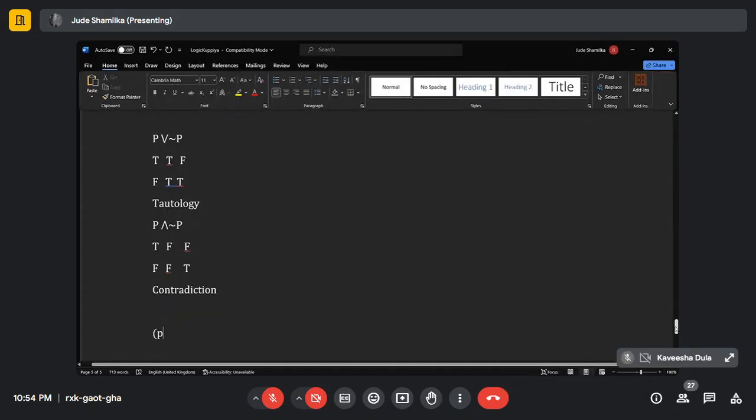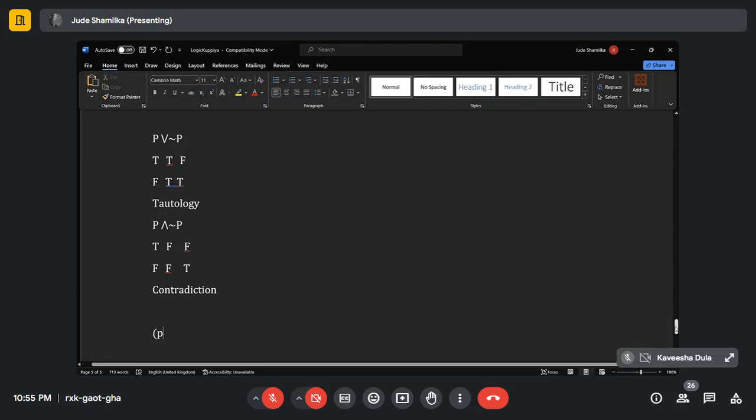Just tell me, why do we use a biconditional to combine those two expressions? What is the purpose of doing that? No idea. Okay, I'm going to tell you.